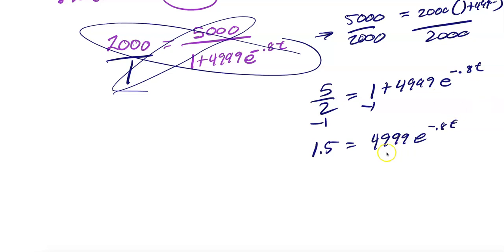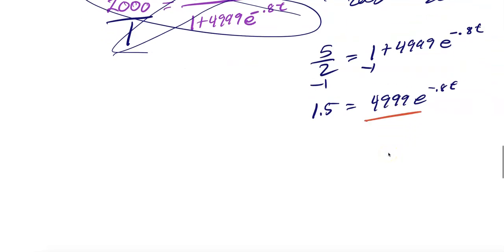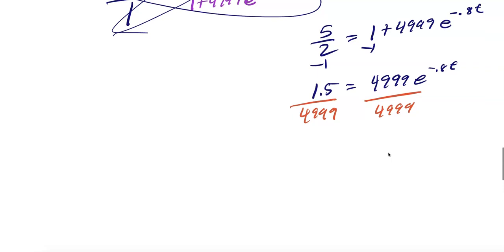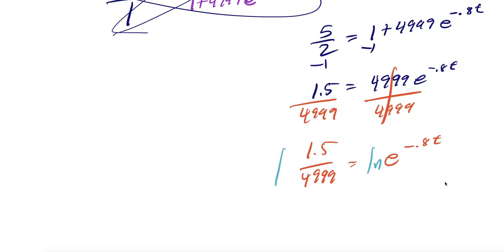So next, let's get rid of the 4,999. These cancel out. Well, let's leave it the way it is. And then we can get rid of the e by taking the natural log.